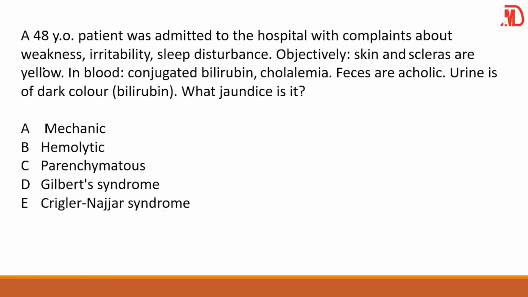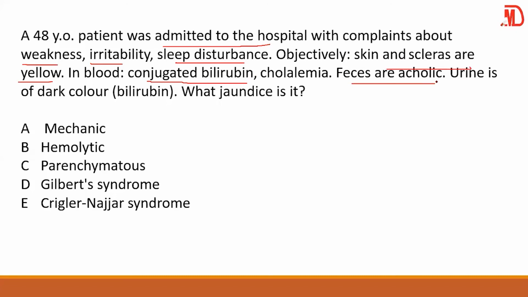Good. A 48-year-old patient was admitted to the hospital with complaints of weakness, irritability, sleep disturbance. Objectively, the skin and sclera are yellow. That means there's jaundice, with conjugated bilirubin. Guys, look, conjugated bilirubin. Feces are acholic, that means it is colorless.